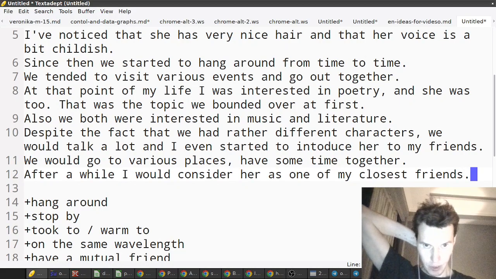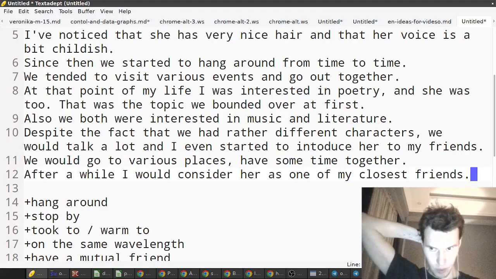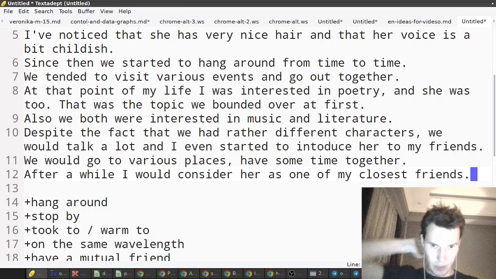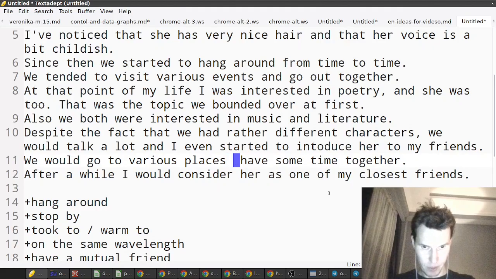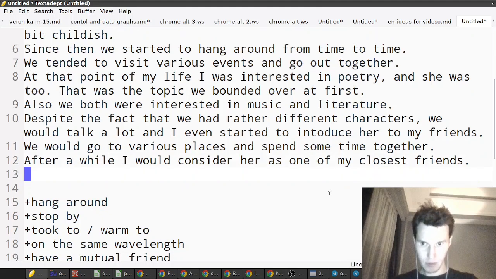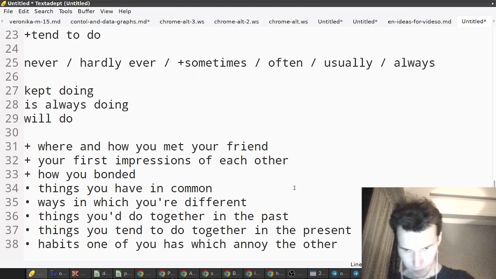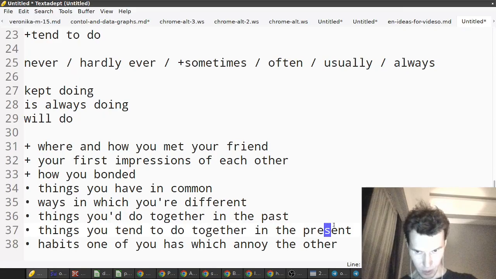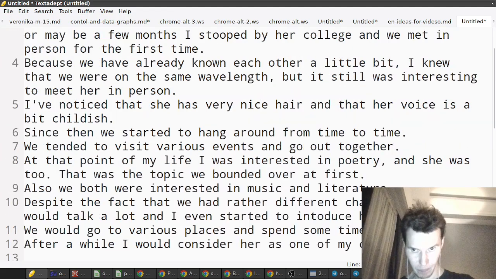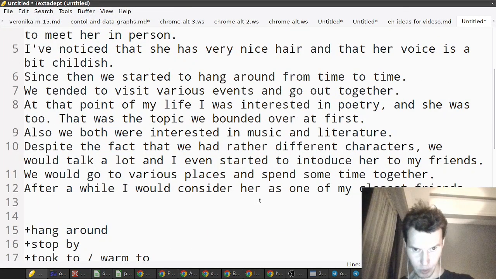Despite the fact that we had rather different characters, we would talk a lot, and I even started to introduce her to my friends. We would go to various places and spend some time together. After a while, I would consider her as one of my closest friends. And what next? Habits one of you has which annoy the other.